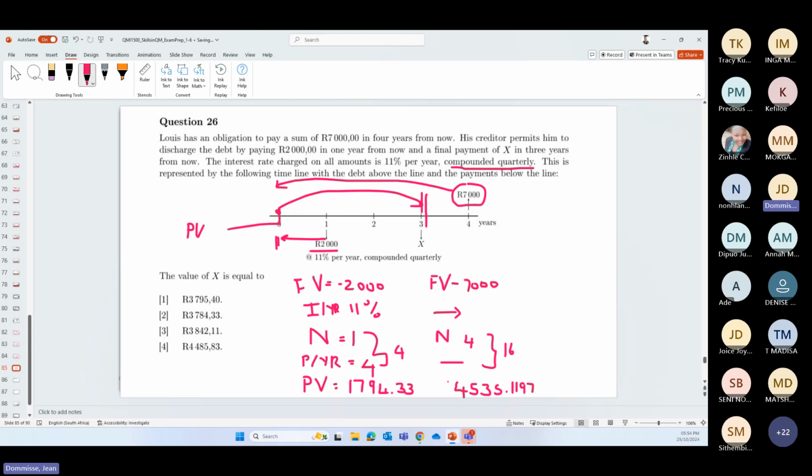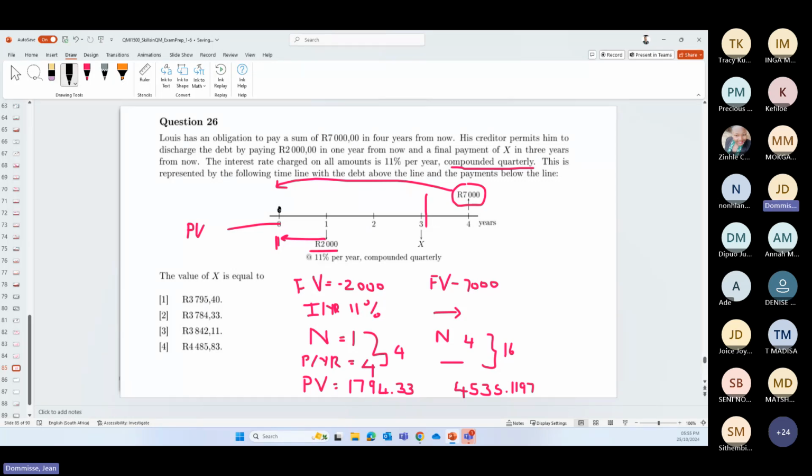Okay, so what I would have then done is to say 4535.1197 minus this one, so that we get the one that we need to get that X value.